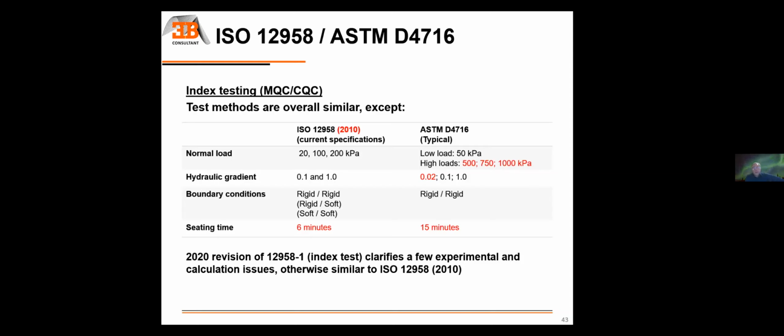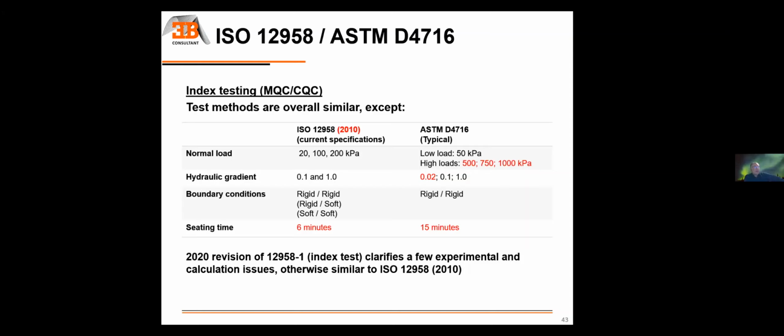I mean, 1000 PSF in North America. For products intended to be used with relatively shallow depth of soil on top of them, often they're tested at 50 kPa. And for basal liners and high loads, what we see the most often is 500, 750, or 1000 kPa.